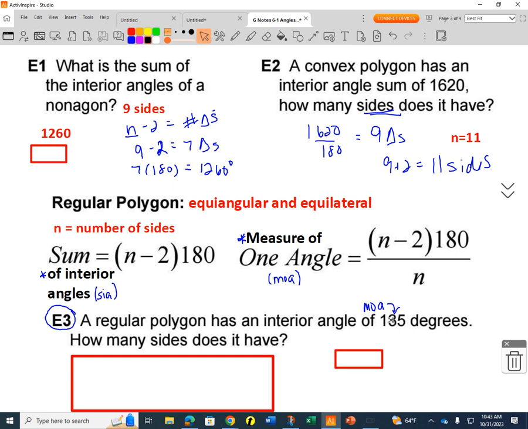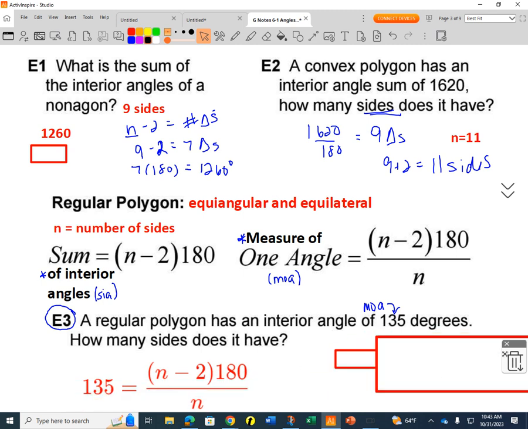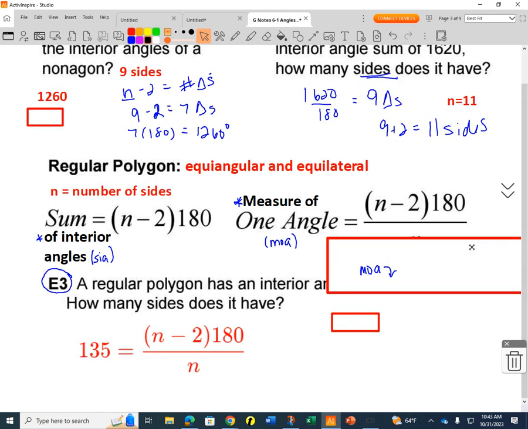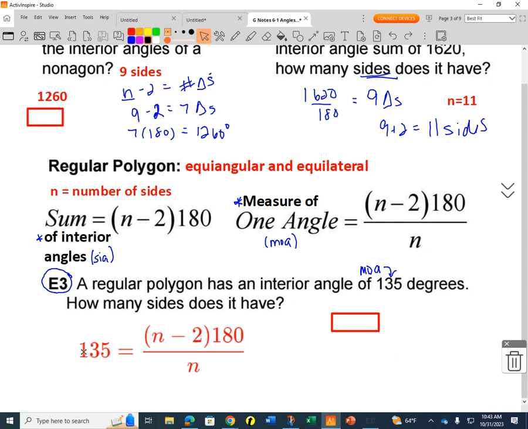The 135 goes here. So 135, the measure of one interior angle, equals n minus 2 times 180 divided by n, where n is the number of sides. So now we're just going to solve for n.